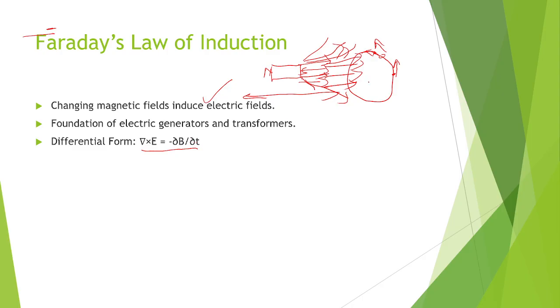So with a magnetic field changing in time, you have the rotation of the electric charges, meaning curl of E. Curl of E is the change of magnetic field in time. Okay, so this is the basic principle of the generator.